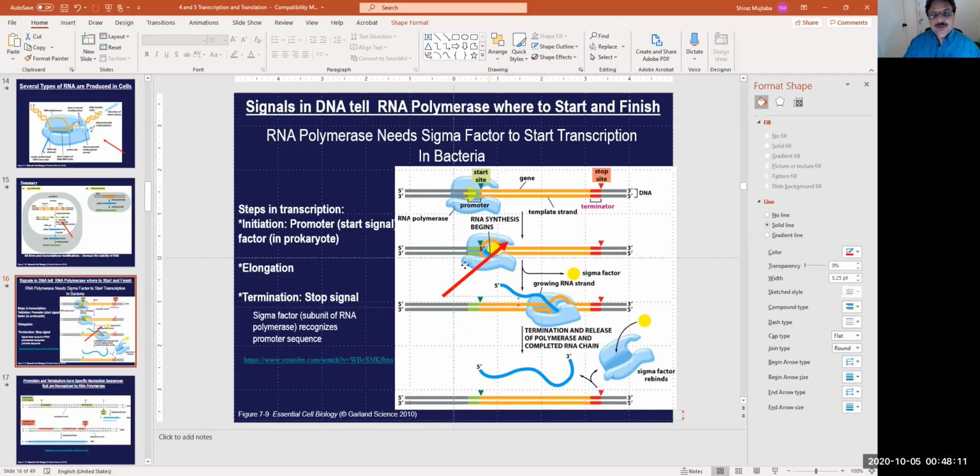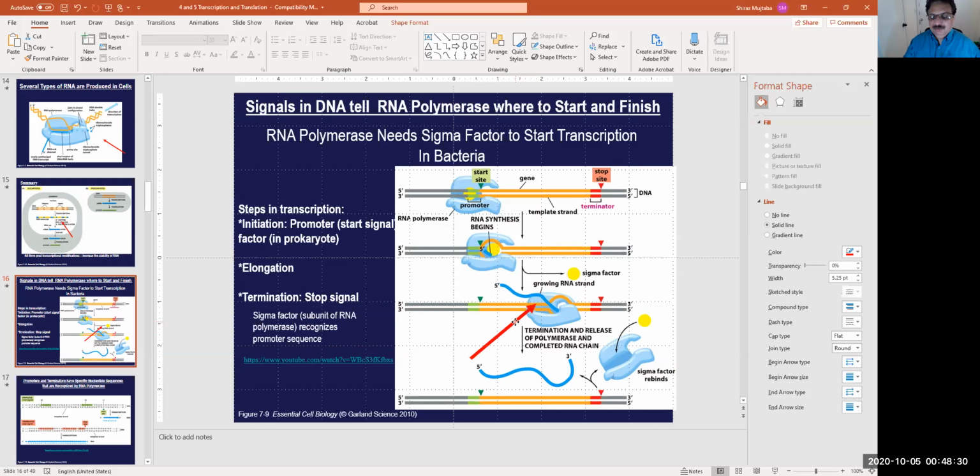The RNA polymerase does not need the sigma factor. So the sigma factor comes out, and then the RNA polymerase slides through the DNA to transcribe RNA. And only one of the strands will be transcribed.